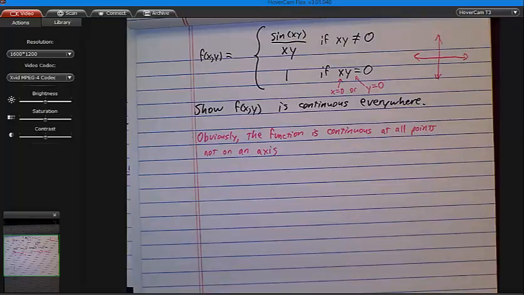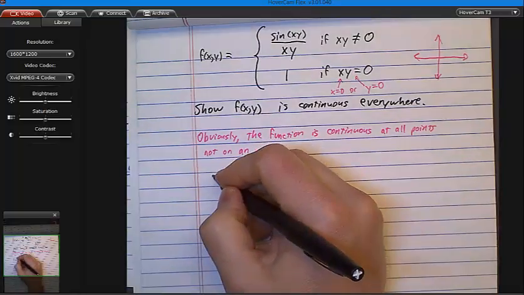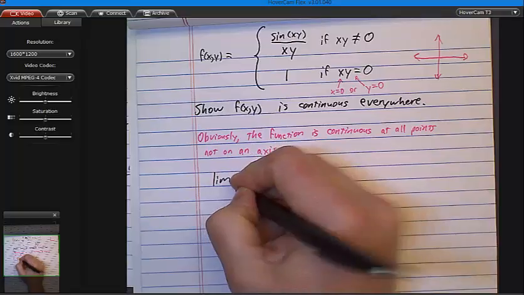So what do I do? Well, I guess what I need to do is say what happens when I'm approaching one of the axes.